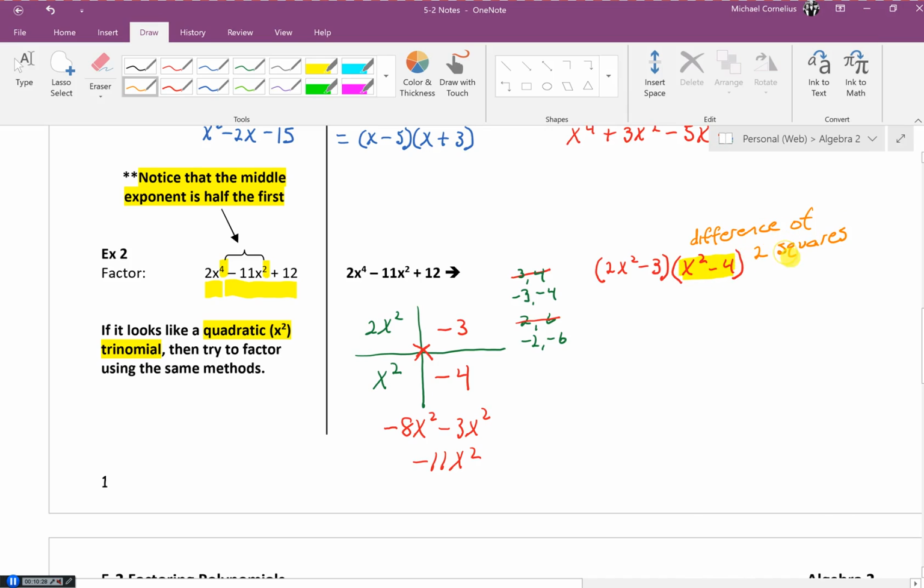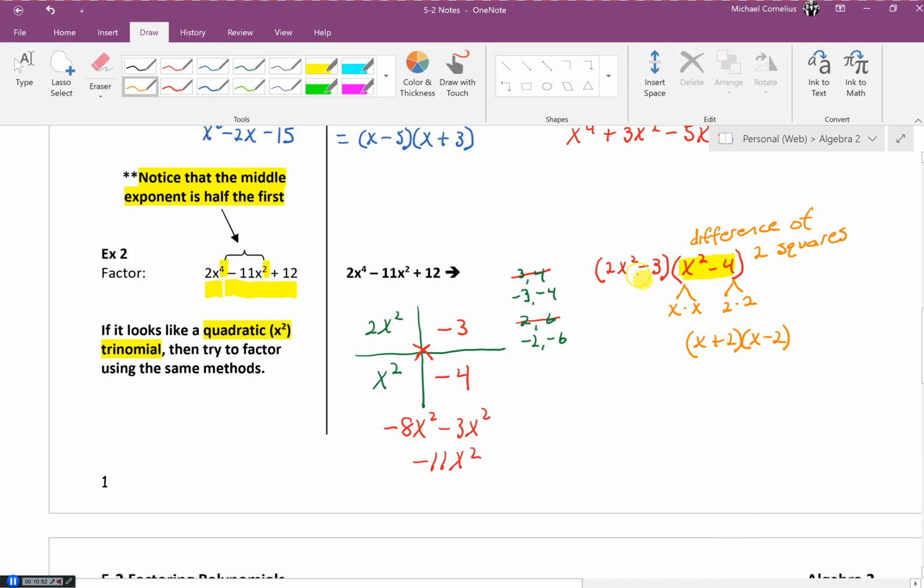If it's a difference of two squares, notice that I can factor x squared into x times x. The number 4 factors into 2 times 2. All I got to do is remember that one of those 2's has to be negative. So that will factor into x plus 2 and x minus 2.